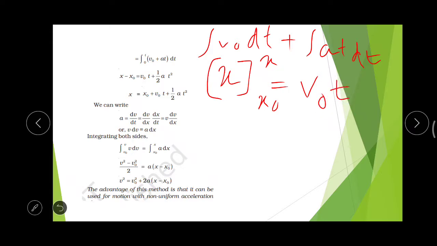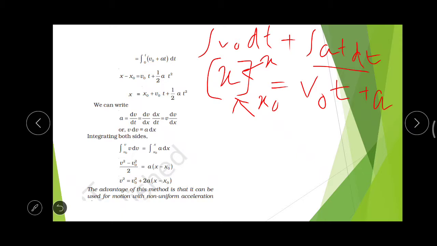So x minus x0, here the x you have to apply the limit, then x minus x0 will be equal to v0 t plus, here you are having a t dt, isn't it? a t dt. So a is constant, a will remain as it is.